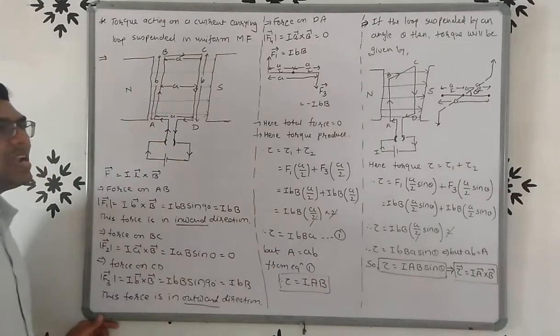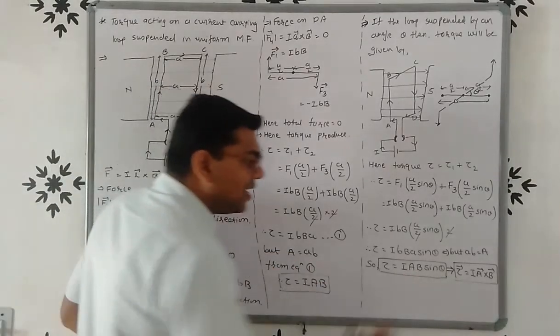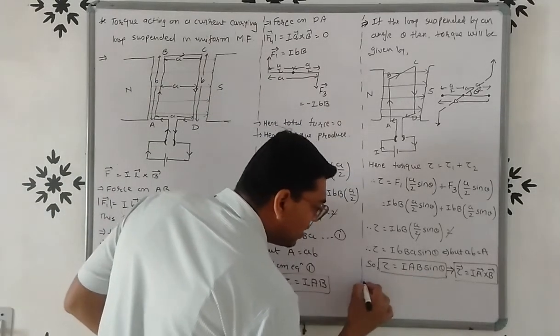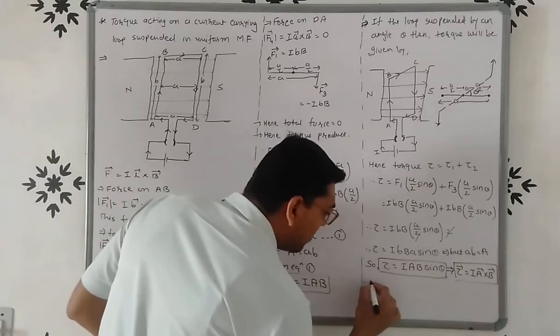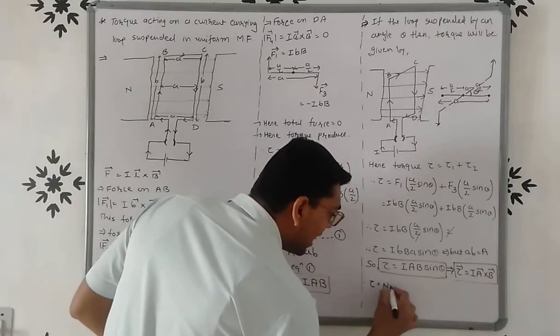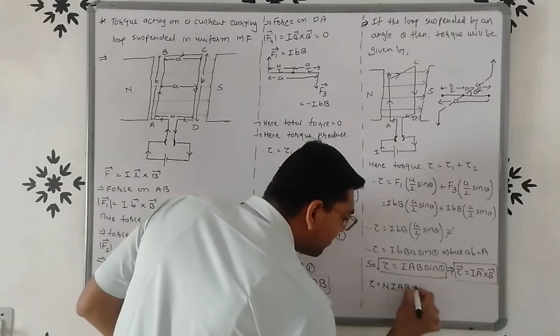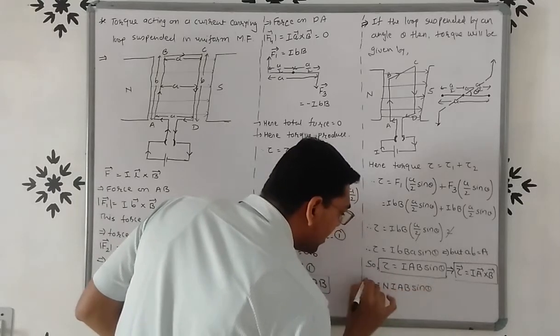Now if there are n number of turns, then we have to multiply this equation by n. So if there are n number of turns, then tau is equal to NIAB sin theta, right?